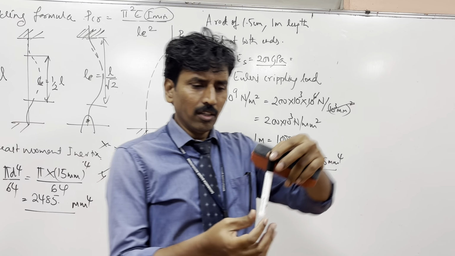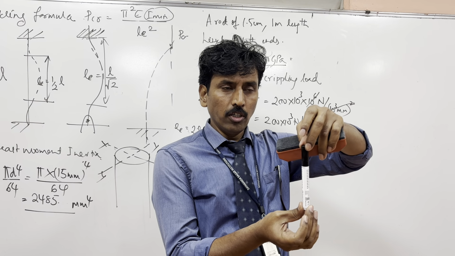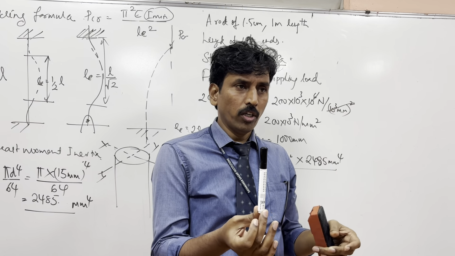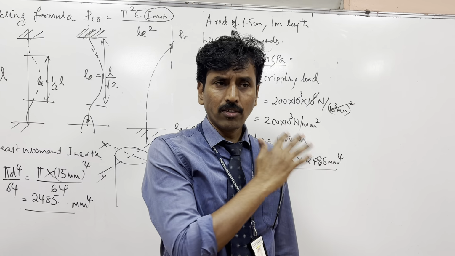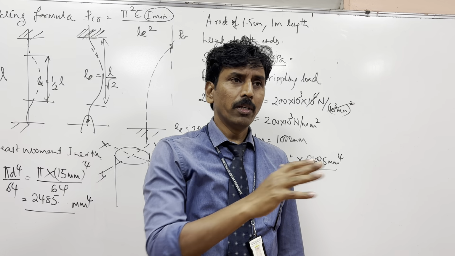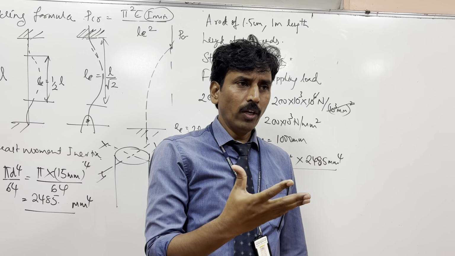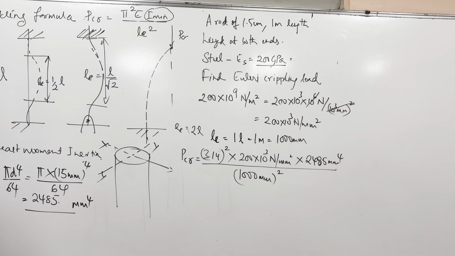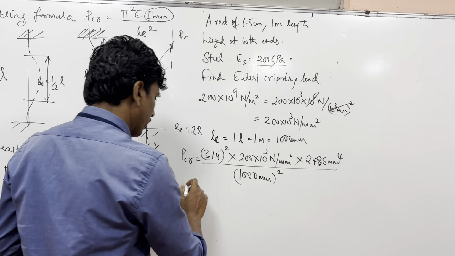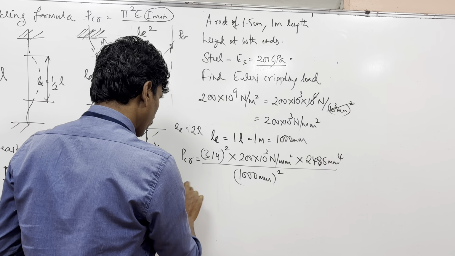I feel that when these rods are hinged, it's not easy to buckle them, because 1 meter is not a very big length. So let us see what the answer comes. It should be in that range. We have a feel of these rods bending, no? With that feel I'm going. How much is the answer you got, guys?